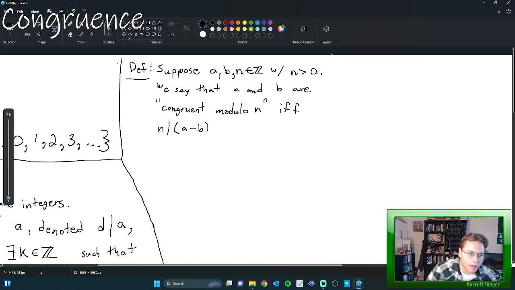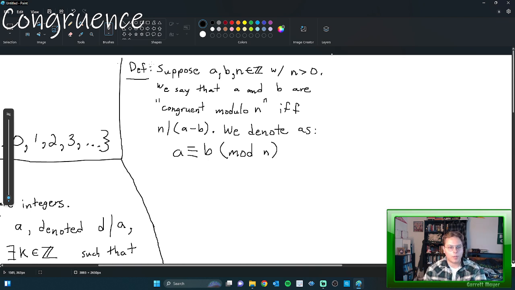So n divides a minus b. And we denote this as a is congruent to b modulo n. And then we put this modulo n in parentheses just to distinguish it from the relationship part, and we use three horizontal lines to denote congruence, as opposed to equality where we just use the two.